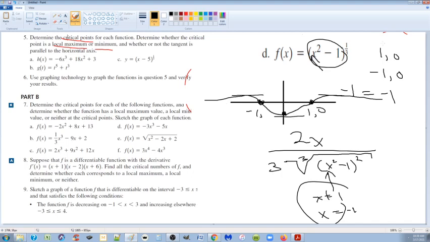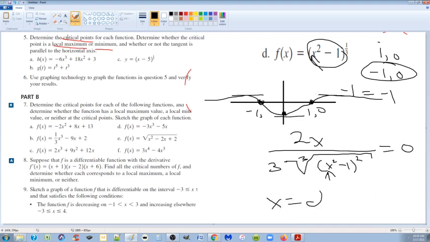And that min we just found is negative 1, 0. Let's test her out. So when we set this equal to 0 here, this goes away, and we just discover that x is equal to 0. Okay, so there's no maxes. This just will hug a value. And we discover that that's going to be a min point. When we plug it in, we discover this is the min point.